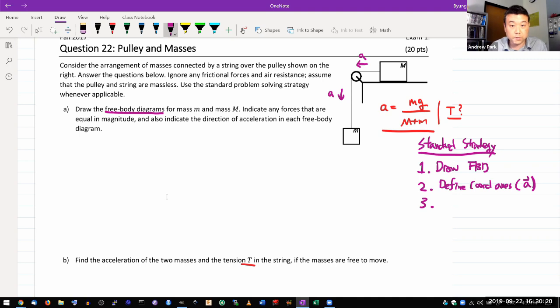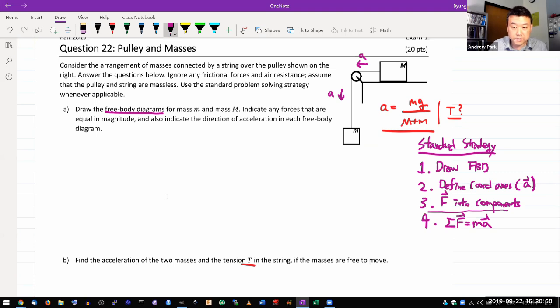And step number 3, which is not existent here, is you break forces into components. But I guess this is more relevant for the next question. And once you are done through all these 3 steps, then you should have a free body diagram where you basically labeled everything, and all you need to do is copy over the information to write down Newton's second law equations.